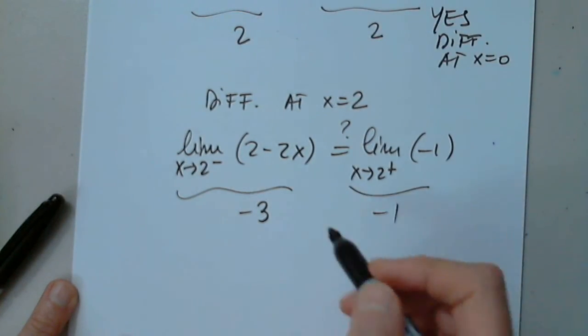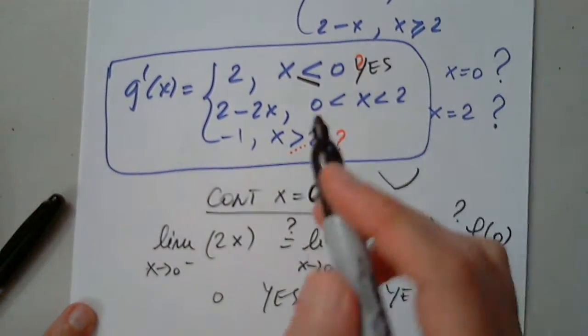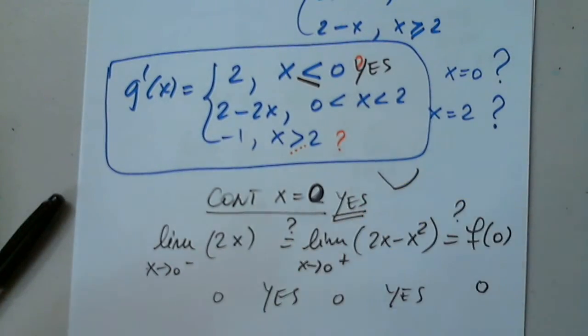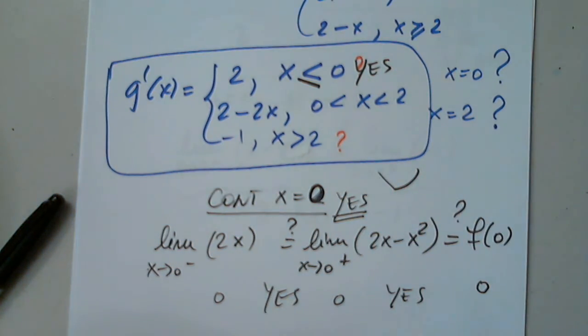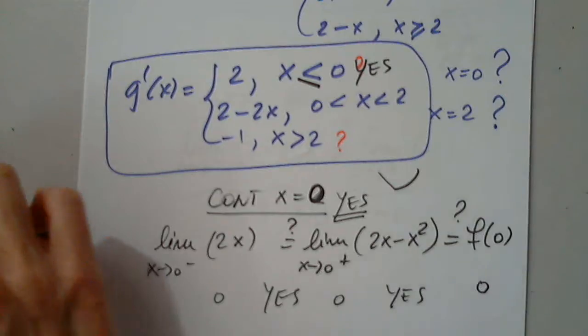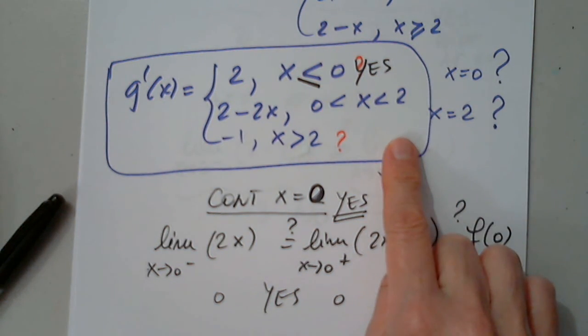And this is -1. No. I will say it has to stay as is. Not differentiable at 2. So the function is continuous everywhere, but it's not differentiable at 2.